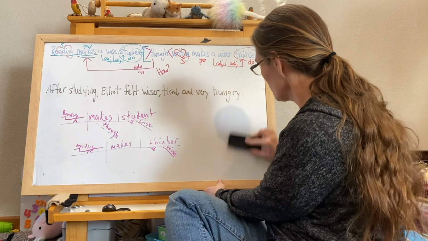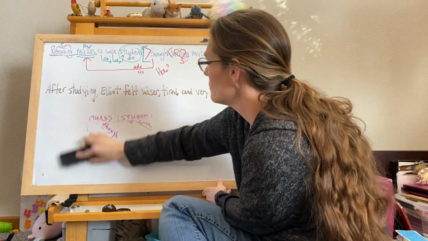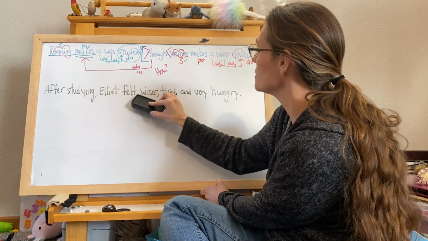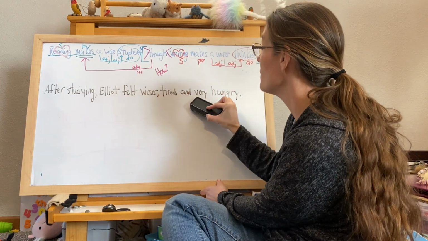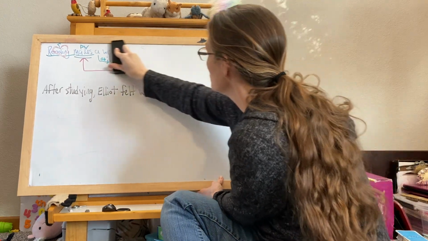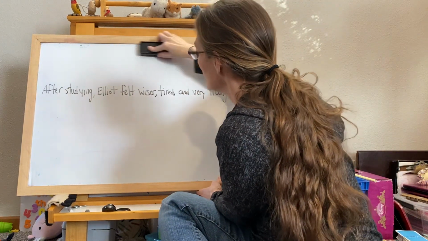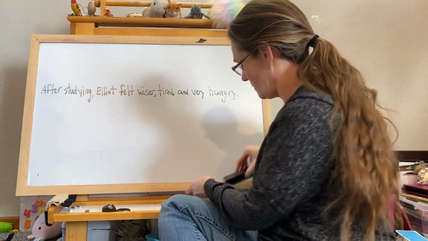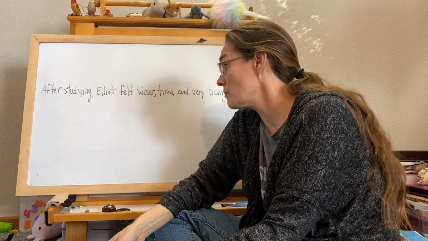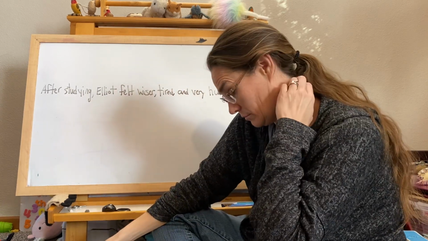Moving on to our second sentence. After studying, Elliot felt wiser, tired, and very hungry. This sentence doesn't have any phrases. Do you see any prepositional phrases? No prepositional phrases?